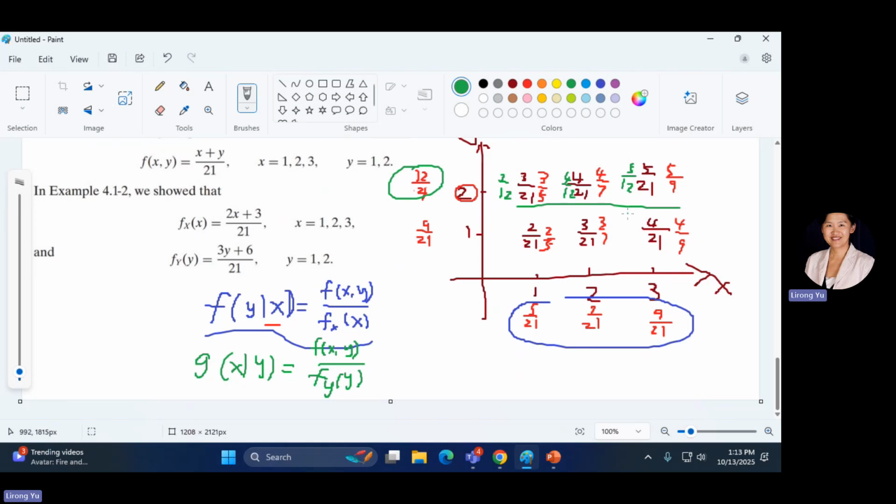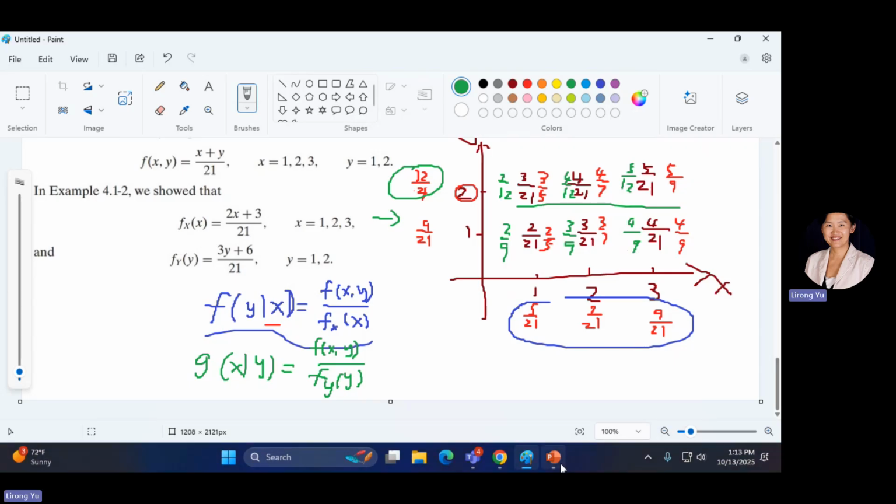So everything here is changing, but you still have 6 numbers. For every x and every y, you still have it. And this is going to be 2 over 9, because for that one the total is 9, and then 3 over 9, and 4 over 9.